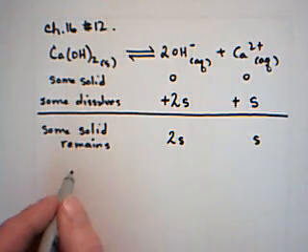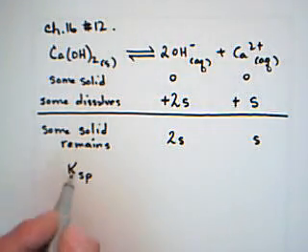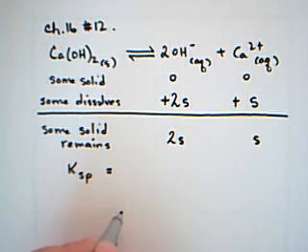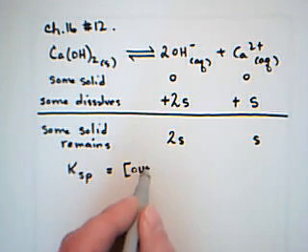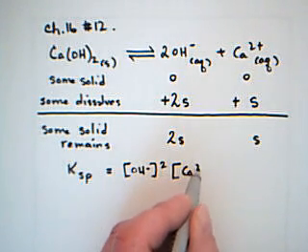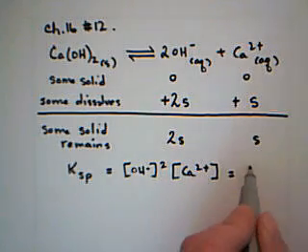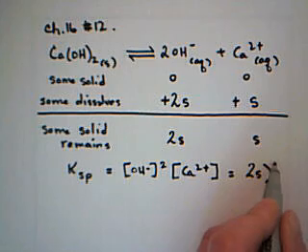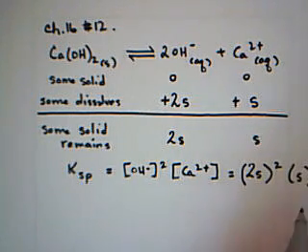Okay. Now, I don't have a Ksp for this, and you don't have to go and look it up because I don't actually think we'll need it. This will be equal to the OH⁻ ion concentration squared times the calcium ion concentration, right? And that is equal to my 2s all squared times s.